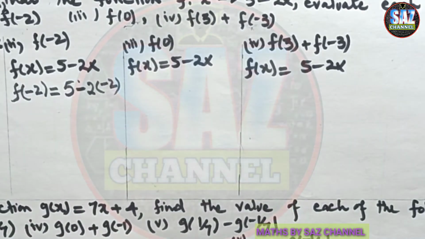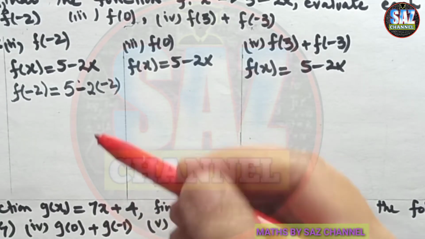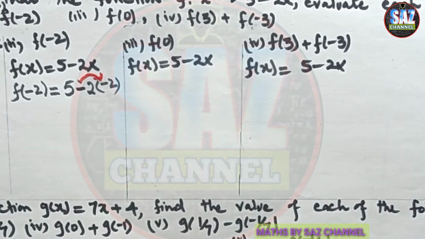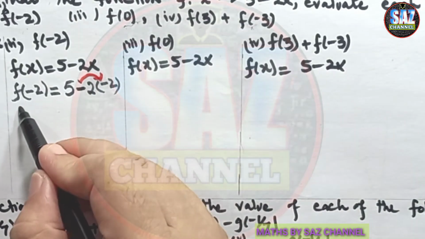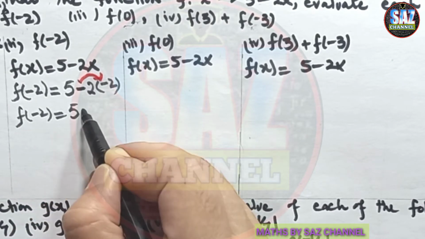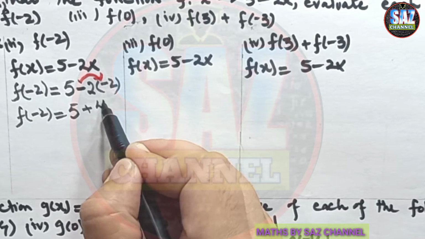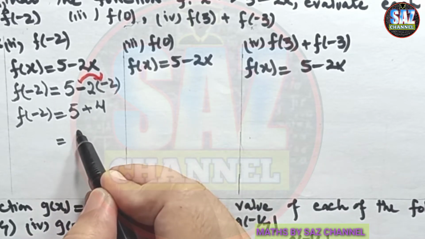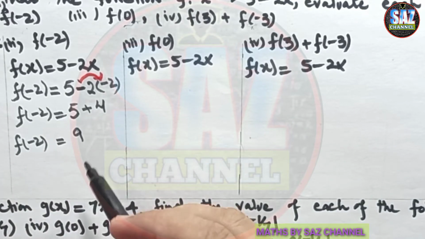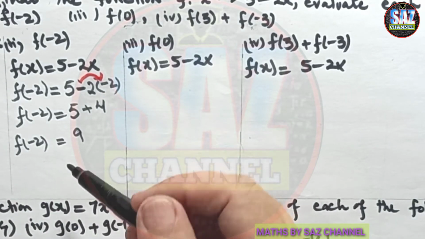Now don't forget the rules of integers, that when we are multiplying minus sign with minus sign, the answer will be positive, and the function will take the form f of minus 2 equals 5 plus 2 times 2 is 4, and 5 plus 4 is 9. So f of minus 2 equals 9. I hope you are clear about this question.